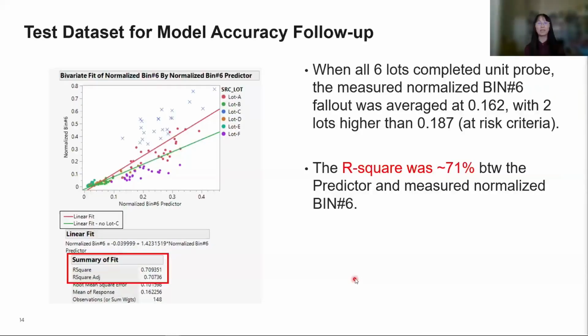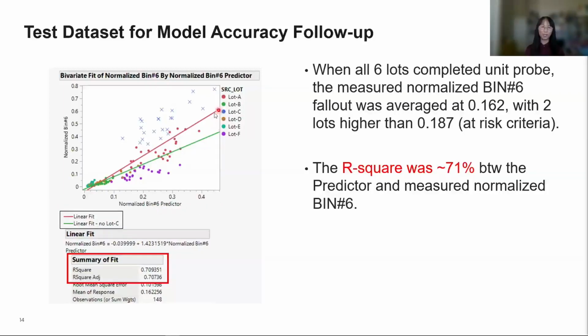So this is 4 weeks later, we got the Uniprobe feedback from these 150 wafers. And you can see that, yes, we do have two lots that have higher fallout for the measured bin 6 percentage. And this is the predicted percentage of the bin 6 fallout.